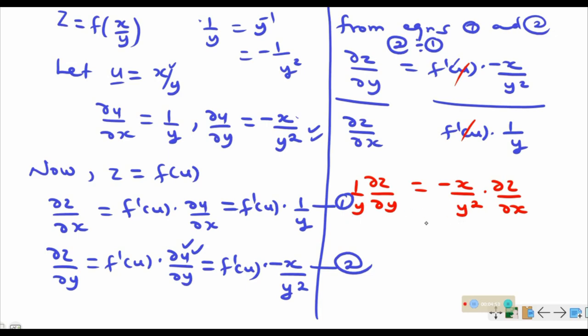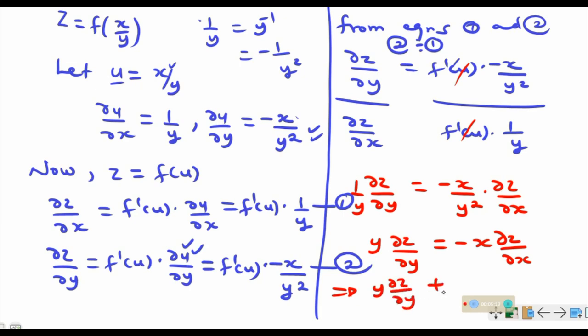So this y will reduce, and we can easily multiply this side by y to have y del z del y, which is equal to negative x del z del x. And finally, we can now have y del z del y plus x del z del x, which is equal to 0, as our partial differential equation, where the arbitrary function has been eliminated.